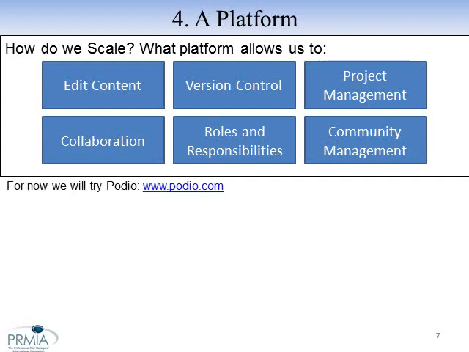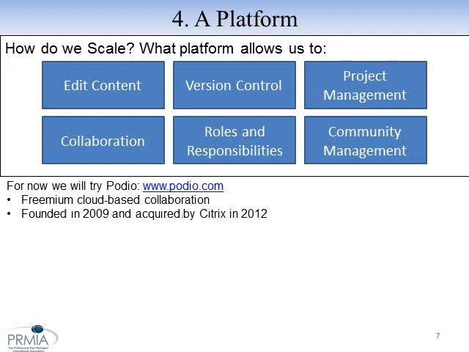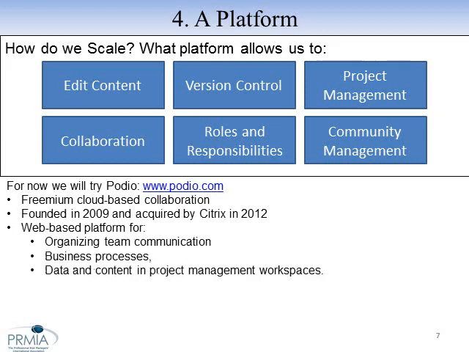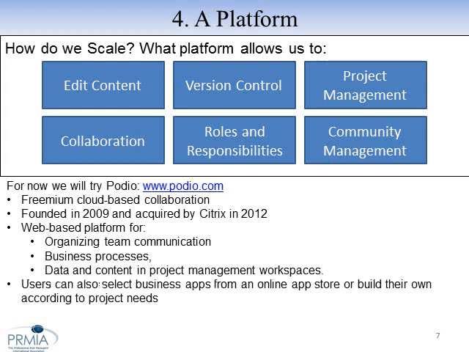And for now, we're going to try Podio at www.podio.com. It's a freemium cloud-based collaboration tool acquired by Citrix in 2012, and it allows you to organize team communication, business processes, data and content and work management workspaces. So you can select business apps from an online app store or build their own.